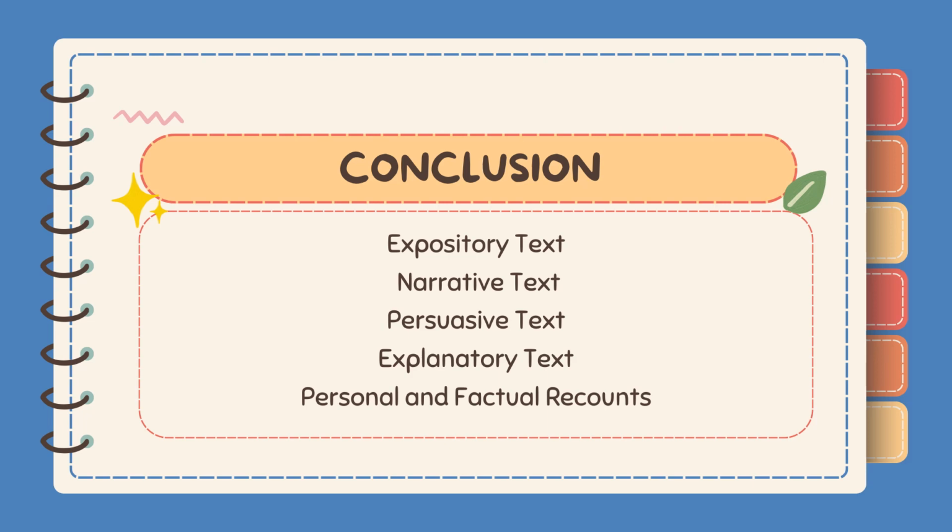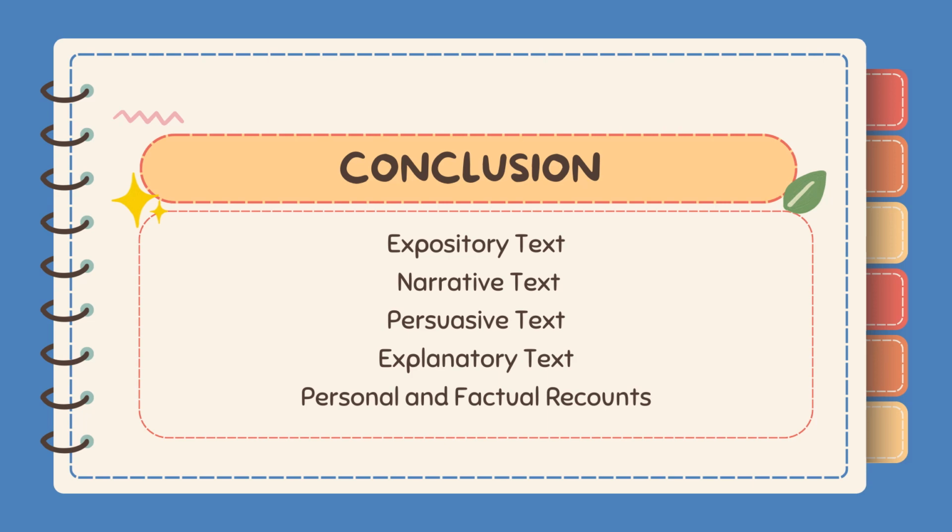To summarize this week's topic, we talked about five types of text: expository text, narrative text, persuasive text, explanatory text, and personal and factual recounts. When we say expository text, it is nonfiction that seeks to explain or inform.